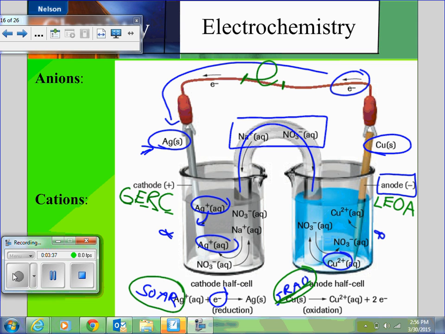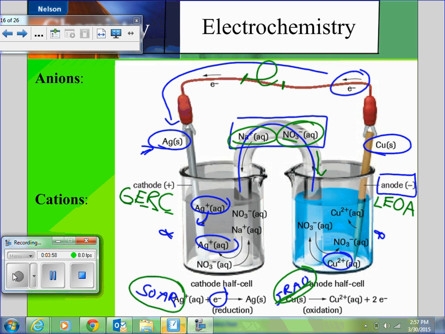Guys, one more thing to note is that there are these spectator ions, these cations and anions, that are flowing throughout this circuit. It's to keep a balance of charge, to keep the voltage going. So we've got anions, which are these nitrate ions, and they're flowing towards the anode.